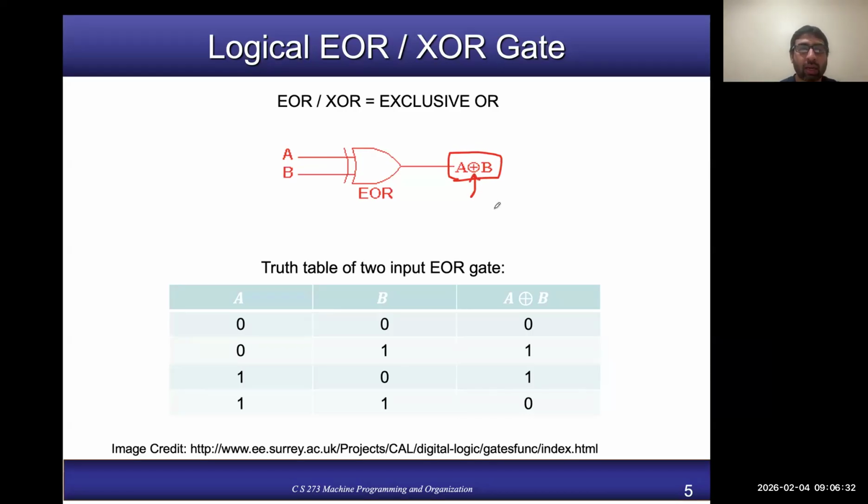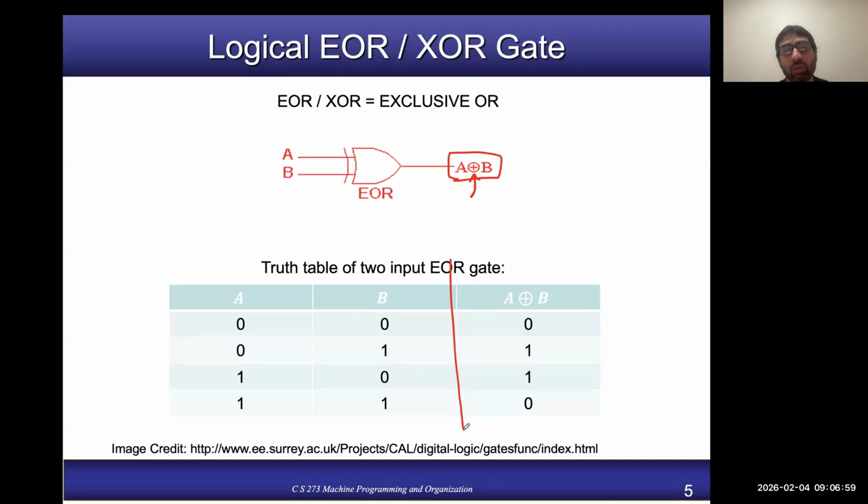Okay. And how it works: the output of an exclusive OR gate is 1 if and only if exactly one of the inputs is 1. If both inputs are 0 or both inputs are 1, then your output is 0. It is different from OR. Remember the operation of OR? As long as any single input is 1, the output will be 1.